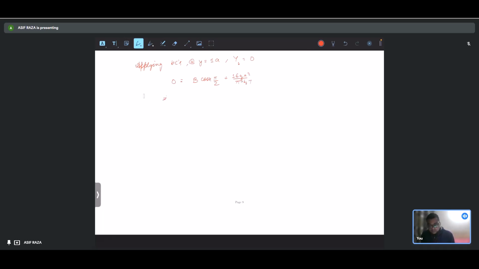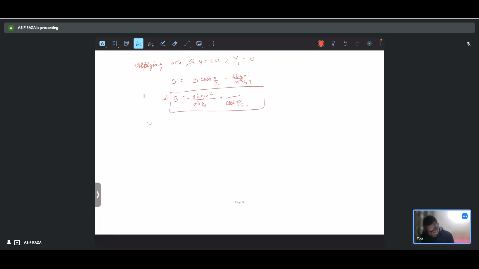So b is equal to 16 q a square upon pi cube b1 t times minus 1 over cos hyperbolic of pi by 2.